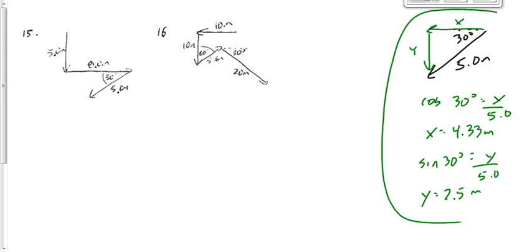Box that off to the side there. And now let's replace the 5 meters with 4.33 and 2.5. Yeah, you're right. 2.5 down and 4.33 to the left.